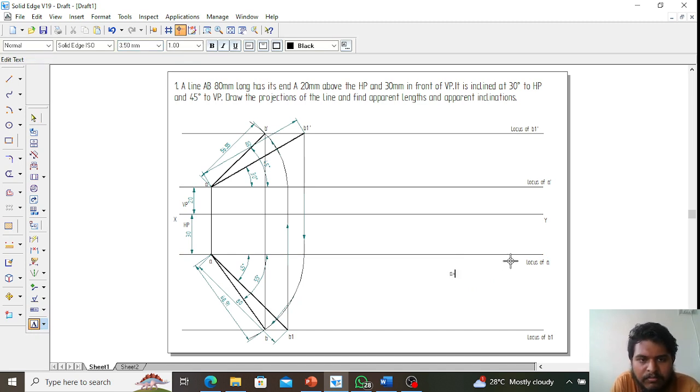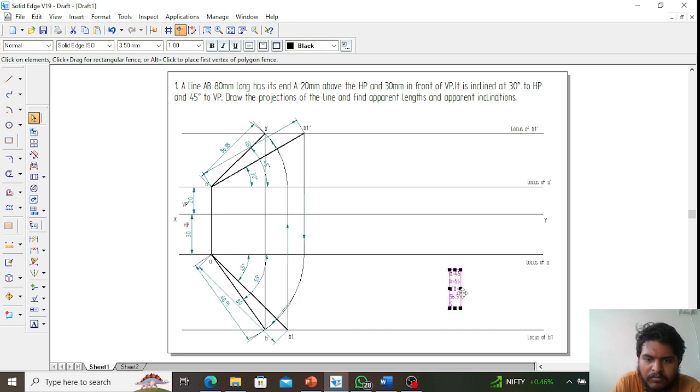A equals to 45°, B equals to 55, A dash B dash equals to 56.55, and AB equals to 68.91.